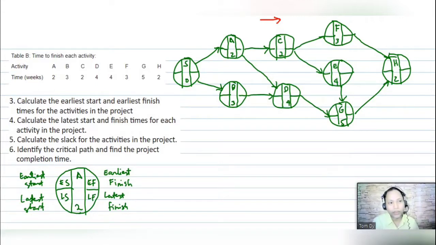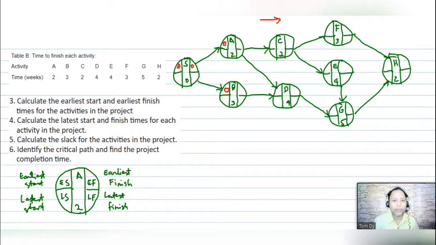Okay, so we will start now. So this is 0, of course this is 0 because this is a starting point. For again the forward pass, all you have to do is to add the value from your ES to your duration. So 0 plus 0 equals 0. And then we will copy this 0 here, and then we will copy this 0 here.